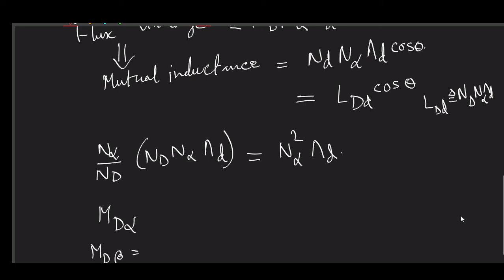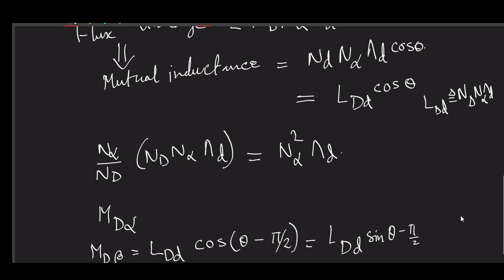Therefore, if it was LDD cos theta for M here, it will become LDD cosine theta minus pi by 2. So that would give us LDD sine theta minus pi by 2.